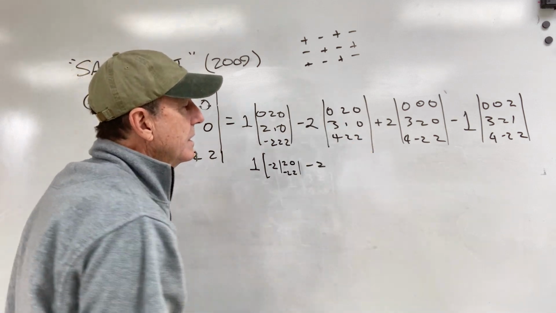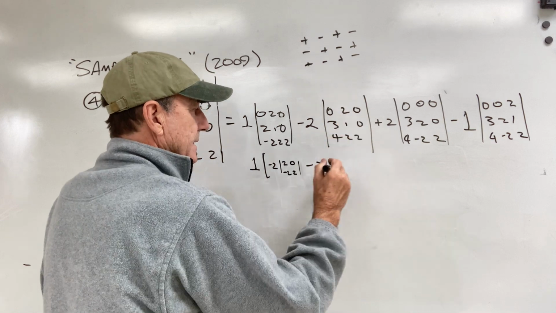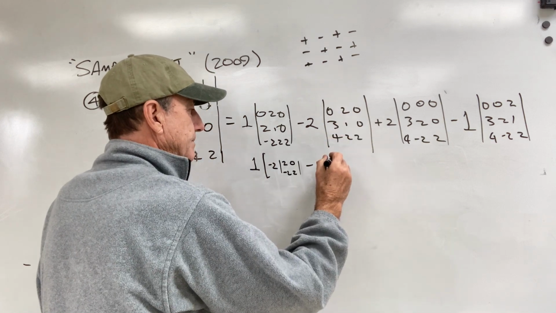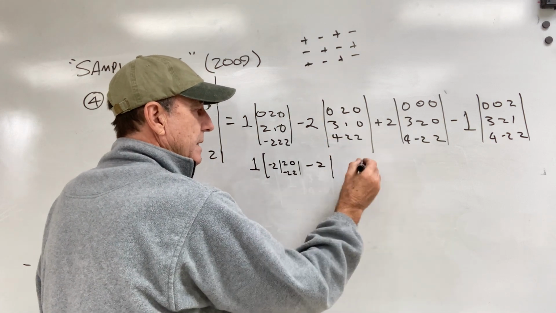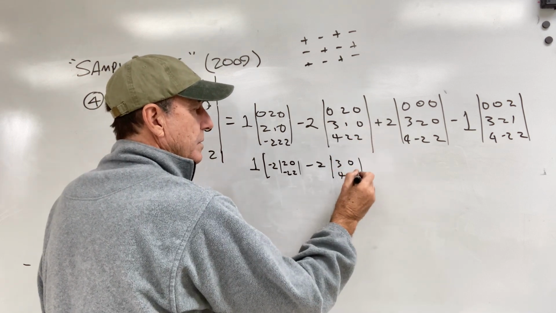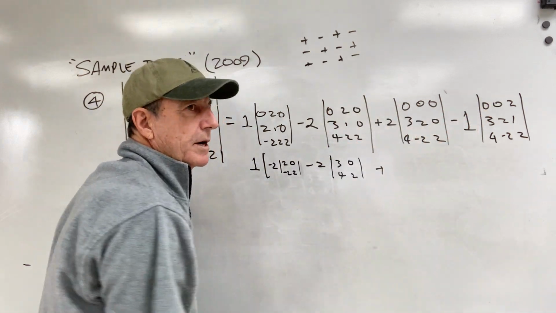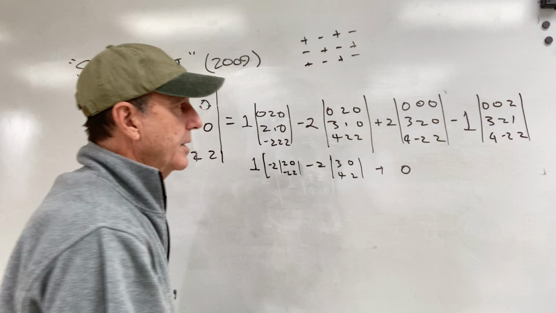For this one, I'll expand about this guy again. So that's going to be the 3, 0, 4, 2, just wiping out that row and that column. This one, if I just expand about the first row, I get 0, so there's no problem there.